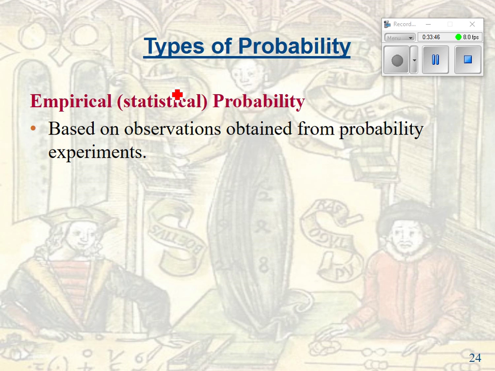So empirical probability is based on observations obtained from a probability experiment. When insurance companies come up with a probability for what to charge each age group, they do it based on what they've seen in the past.